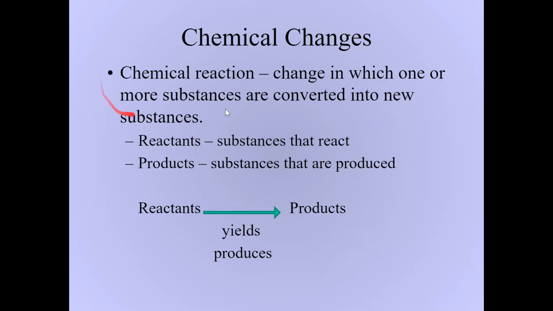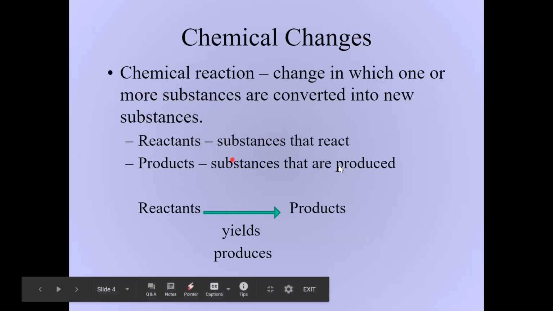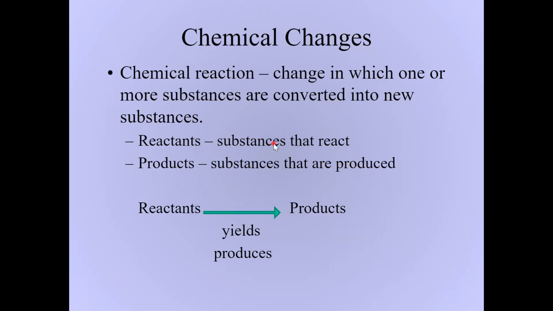So we're taking one or more substances and turning them into new substances, just like how in math, we start off with one set of numbers and we end up with a different set of numbers. So in chemical reactions, our 2 different sets of chemicals are given 2 different special terms. So the reactants are our starting material.